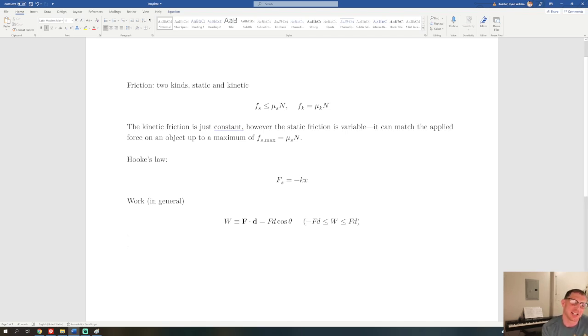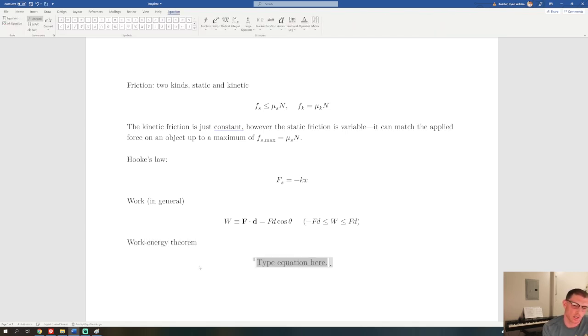So, let's see here. Probably the next thing to talk about would be the work energy theorem. We could write this as the net work done on an object is equal to its change in kinetic energy.